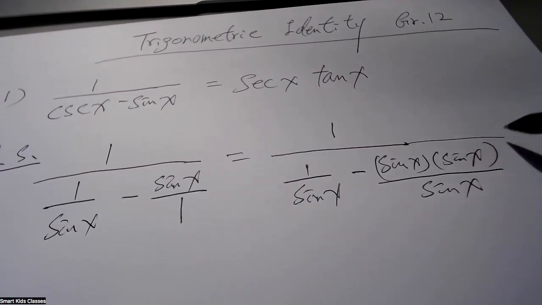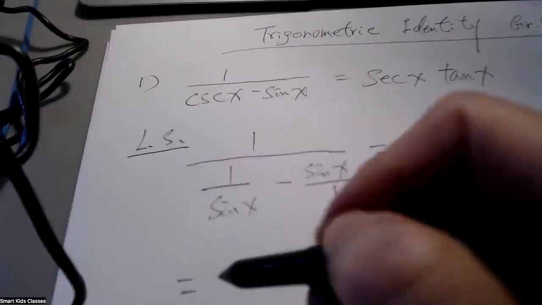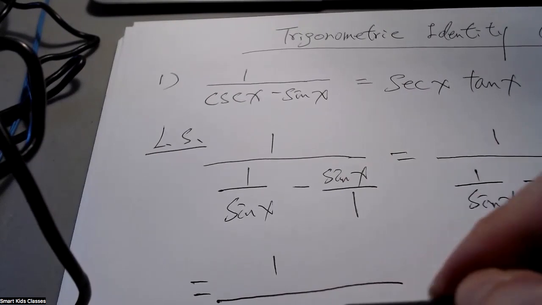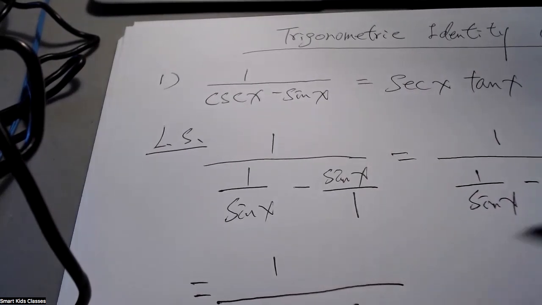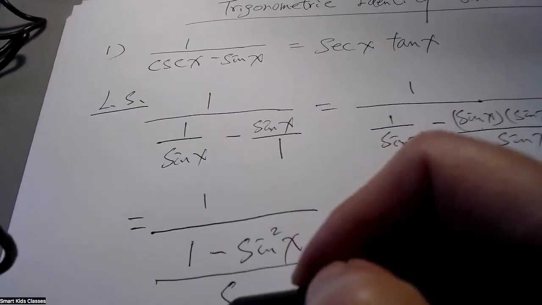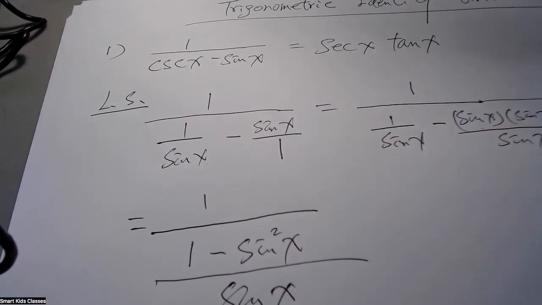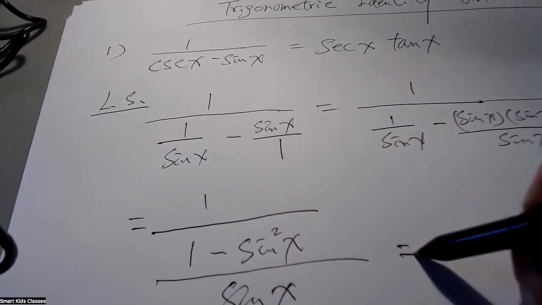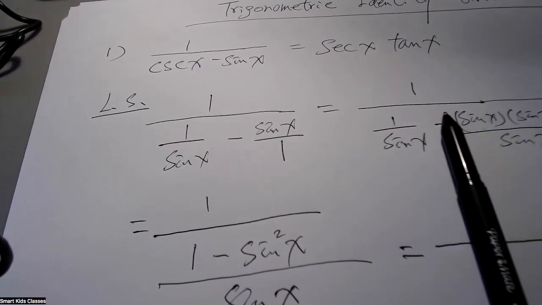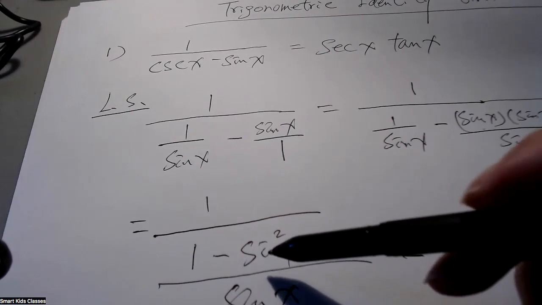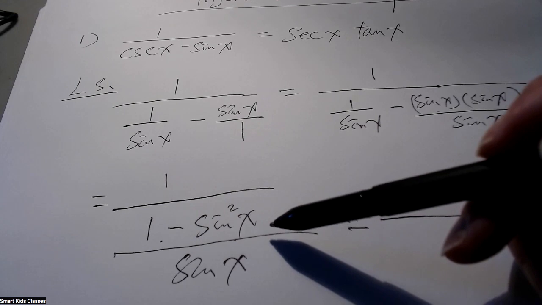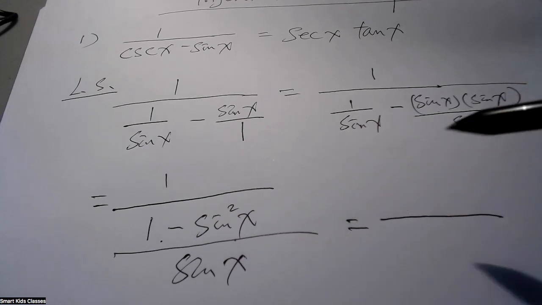Now, what are we going to get? I bring the equal sign here. It's going to be 1 minus sin square x, the 2 bracket multiply, over sin x. Then we continue to simplify. 1 minus sin square x is, by the Pythagorean theorem, equal to cosine square x.